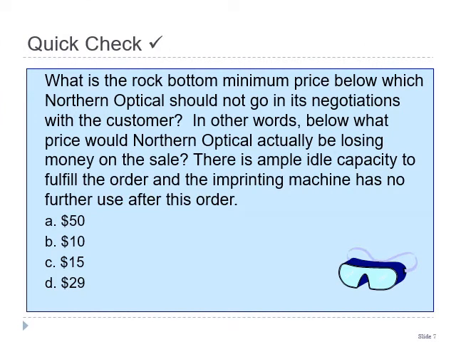What is the rock-bottom minimum price below which Northern Optical would not go in its negotiation with the customer? In other words, below what price would Northern Optical actually be losing money on the sale? There is ample idle capacity to fulfill the order, and the imprinting machine has no further use after this order. The customer asked for 10,000 units.